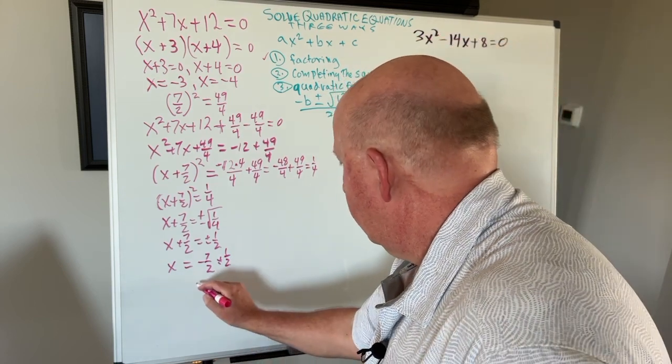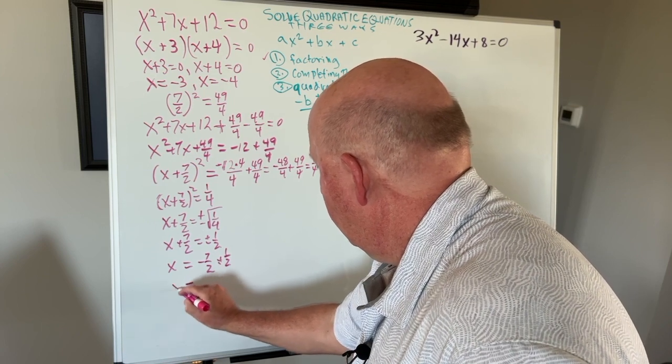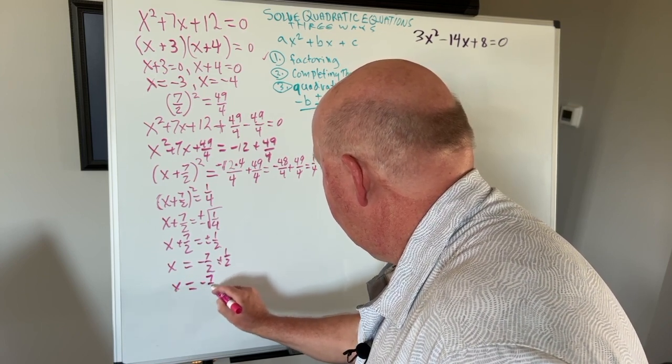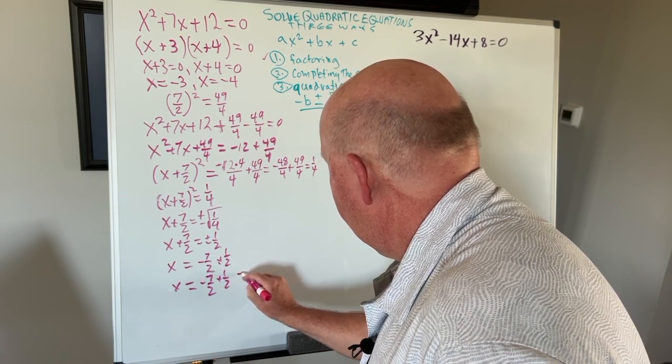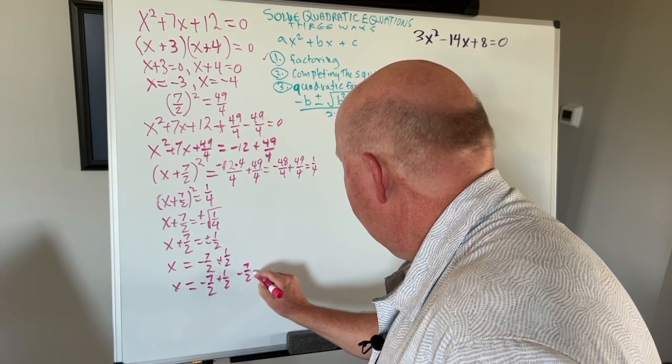So that equals negative 7 halves plus 1/2, or negative 7 halves minus 1/2.